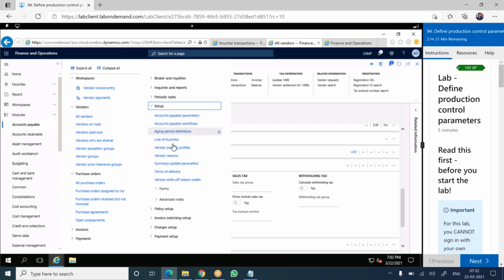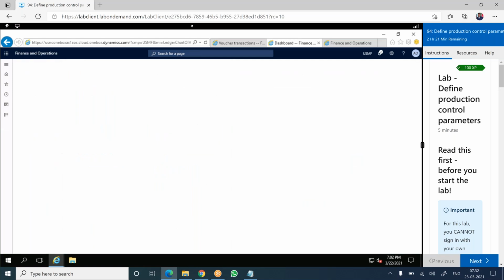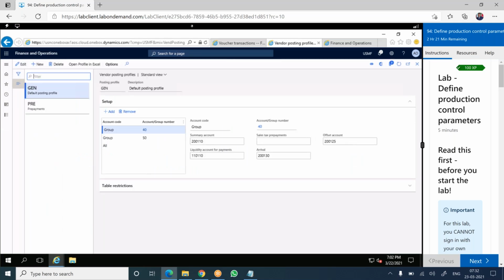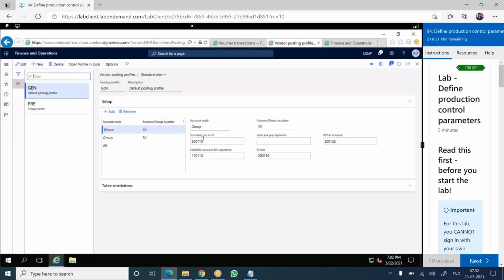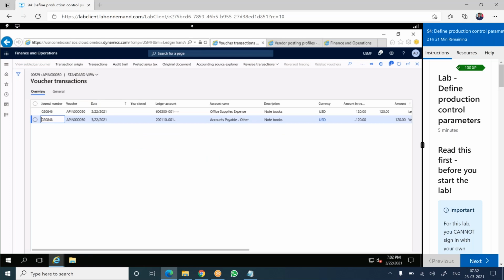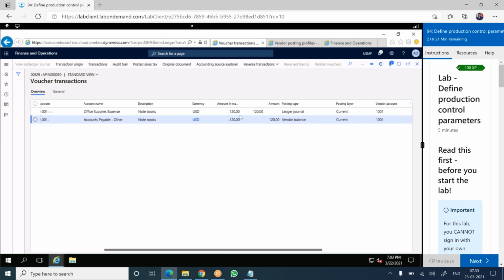Based on these setups, it is posting to this account. Time being, you don't need to know about the ledger subledger concept. You cannot learn everything in one shot. Slowly you will understand. But this is expenses account debit to vendor account credit, it is minus.